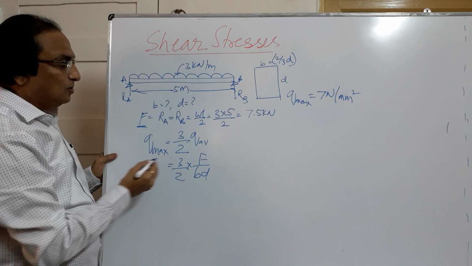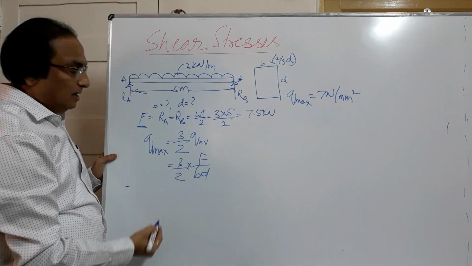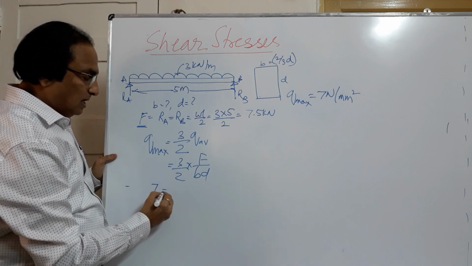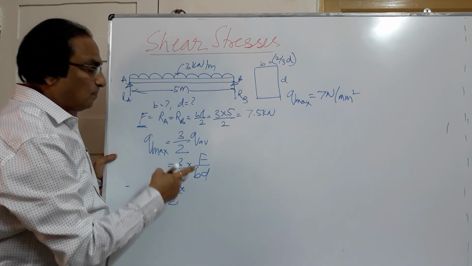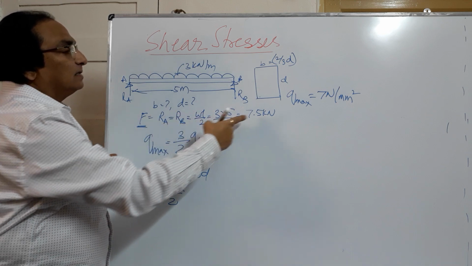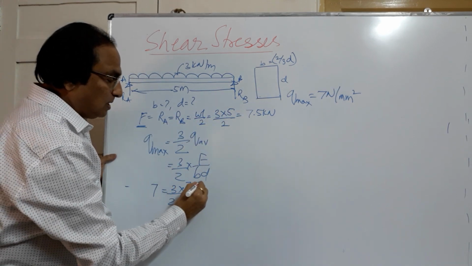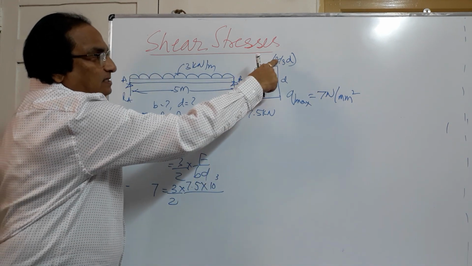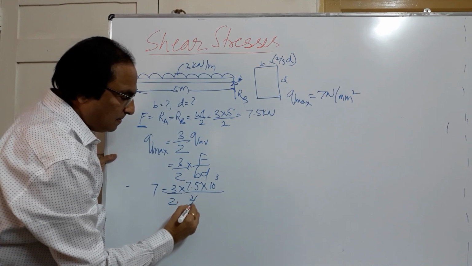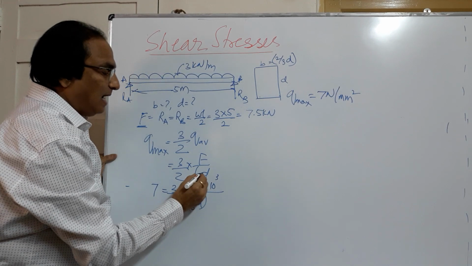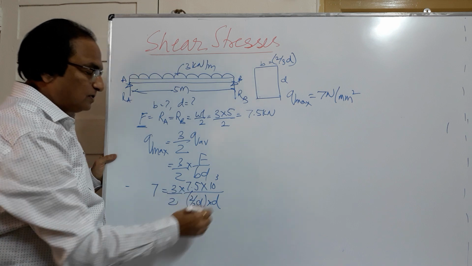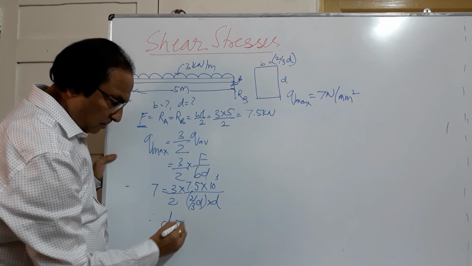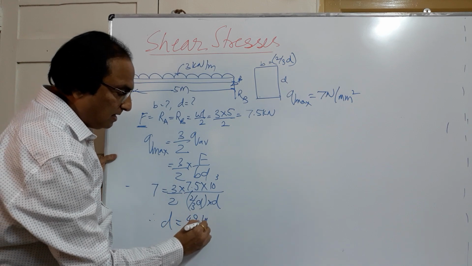In this equation, you know everything except B and D. So Q max, the permissible maximum shear stress, 7 Newton per mm square is equal to 3 by 2 into F, the shear force acting, 7.5 kilonewton, convert it to Newton, divided by B, and B is nothing but 2/3 of D, and this remains as D. If you simplify this equation, you get the value of D is equal to 49.1 mm.